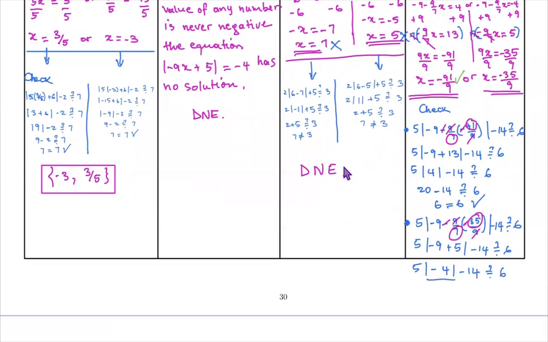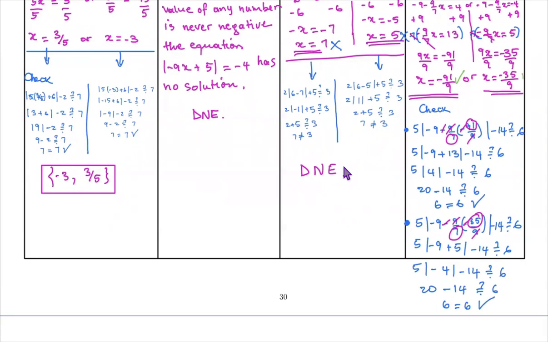And then absolute value of negative 4 is 4. So that is 5 times 4, that's 20. 20 minus 14, is it 6? 6 equals 6. This one also verifies.